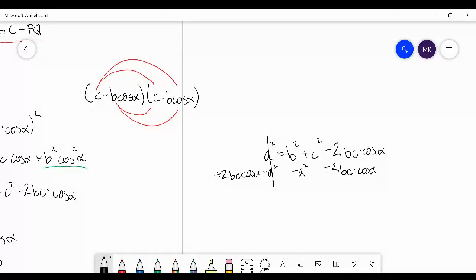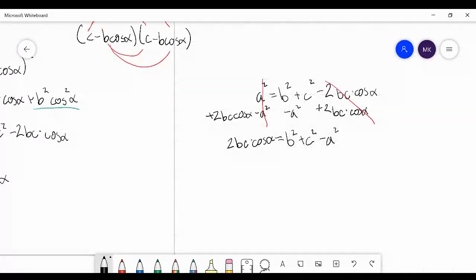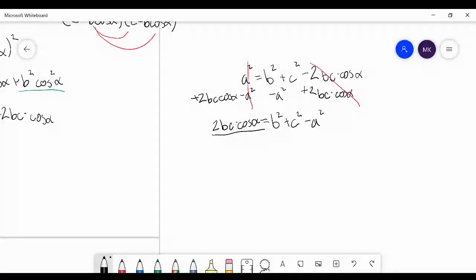Okay, so these are gone. The a squareds are gone. This has gone over here. What I'm left with is 2bc times cosine of alpha equals b squared plus c squared minus a squared. So to isolate this for our cosine, we just divide by 2bc. Right? Those cancel. And I end up with cosine of alpha is equal to b squared plus c squared minus a squared all over 2bc.